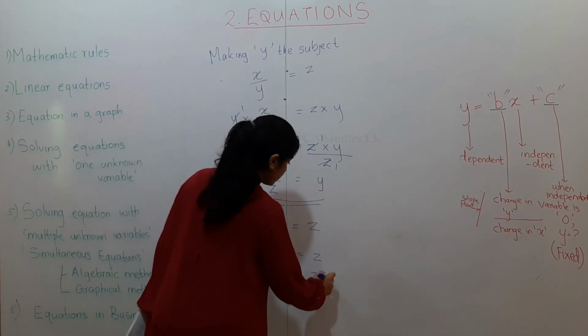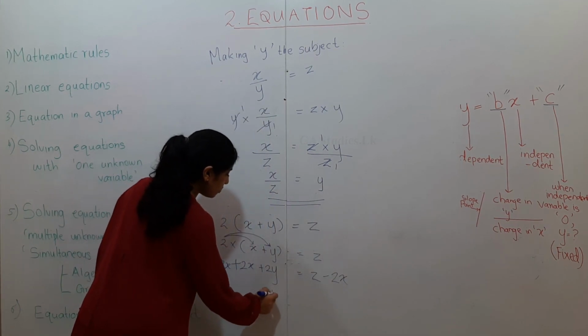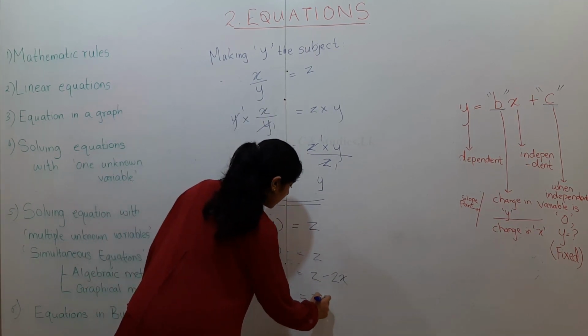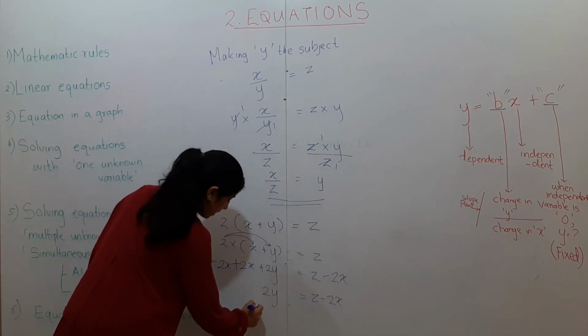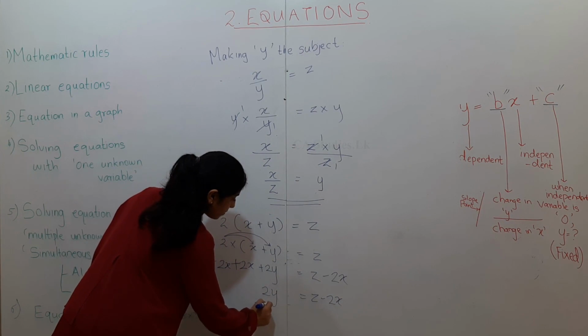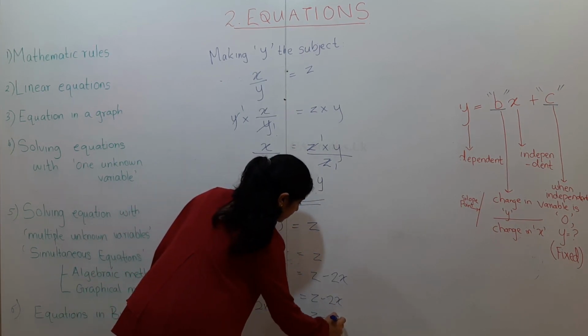So z minus 2x. This cancels off, so 2y equals z minus 2x.